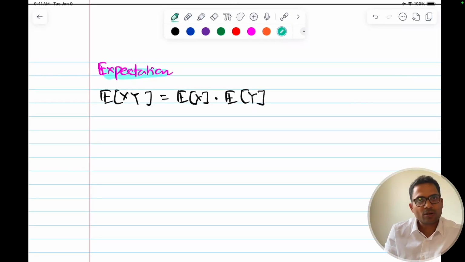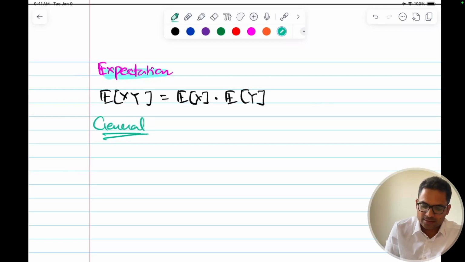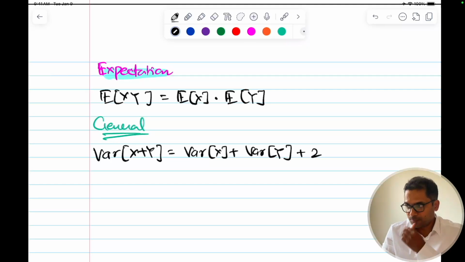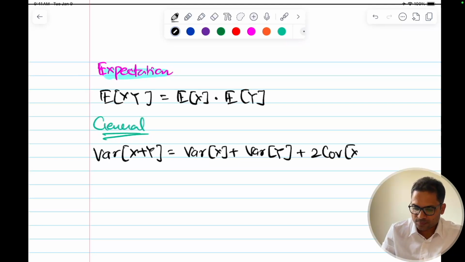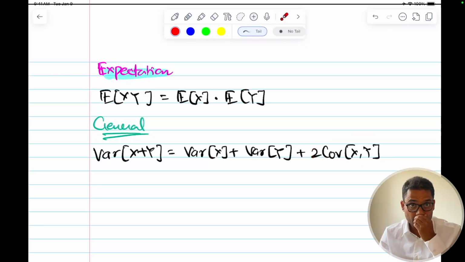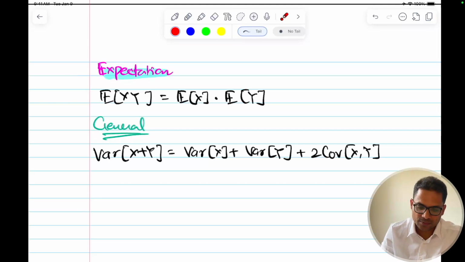We'll discuss variance also. In general, the formula for variance of two variables: variance of X plus Y, if the summation is there, is variance of X plus variance of Y plus 2 into covariance of X comma Y. We have seen covariance in the last classes. I'll put the link if you don't remember.